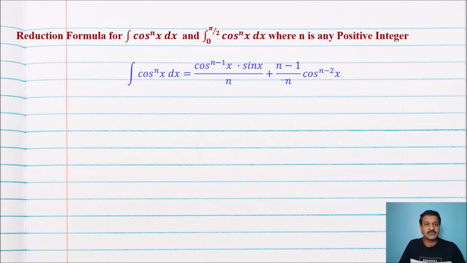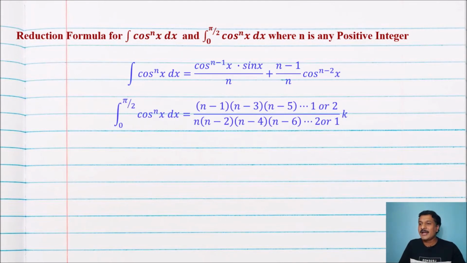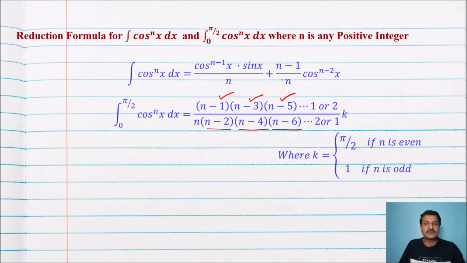If we substitute here the limits from 0 to pi by 2, I am getting the formula: the integration from 0 to pi by 2 of cos x raised to n dx equals, in the numerator, n minus 1, into n minus 3, into n minus 5, dot dot dot, into 1 or 2, upon n into n minus 2 into n minus 4 into n minus 6, dot dot dot, 2 or 1, into k, where again k equals pi by 2 if n is even and equals 1 if n is odd.